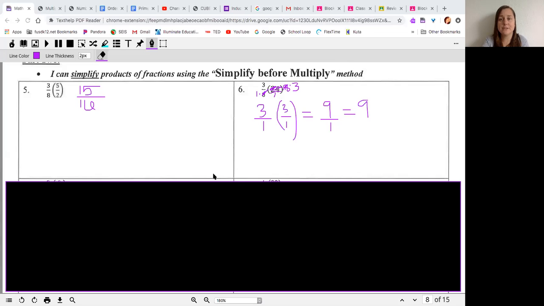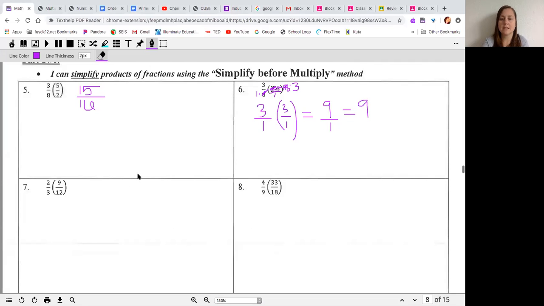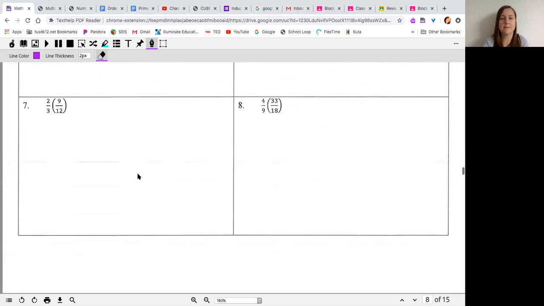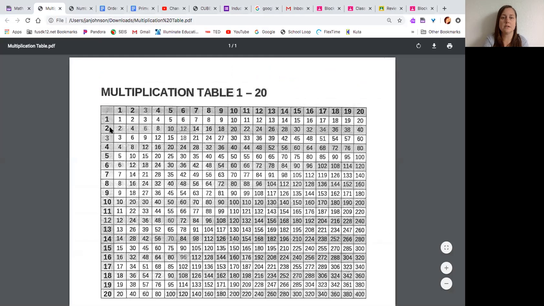Okay, we only have 2 more to go. Let me scroll up a bit here. There we go. Okay, so I'm looking at my numbers. 2 does go into 12. Look at my chart. 2 goes into 12 how many times? 6.